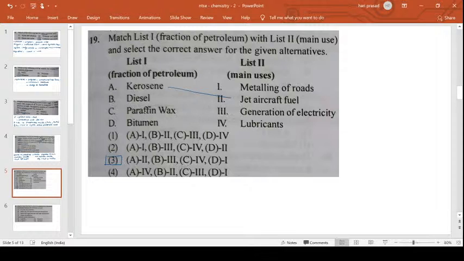Then paraffin wax is lubricant. Lubricant in the sense it reduces friction. Then bitumen is for metalling of roads. So this option. Next question.